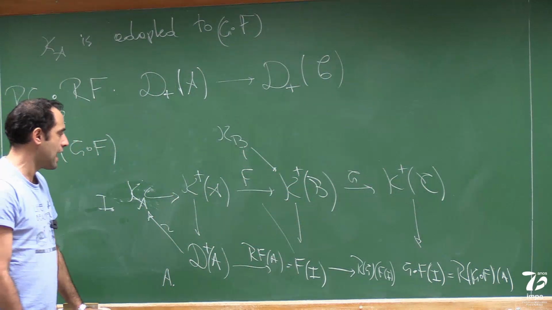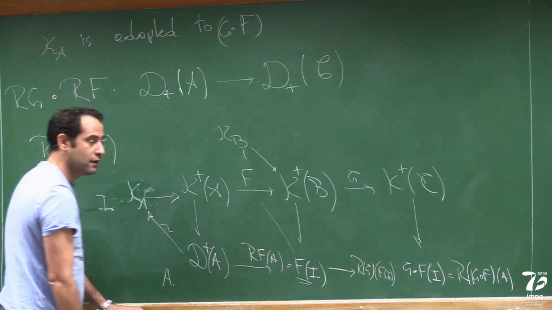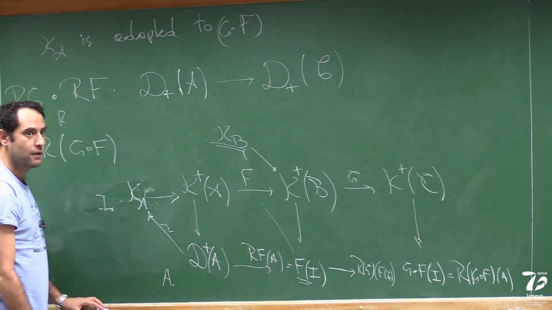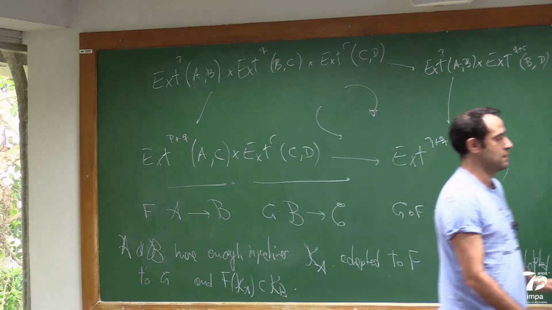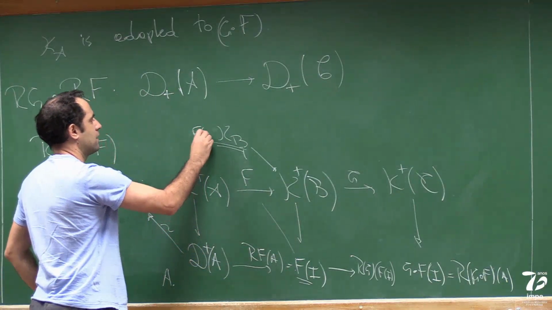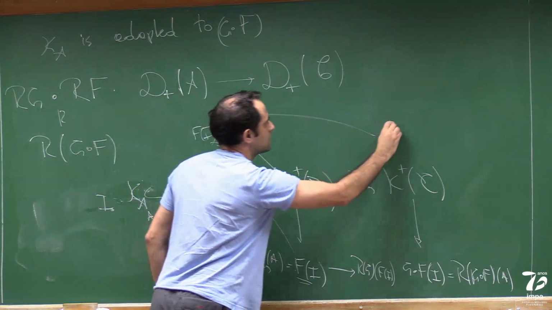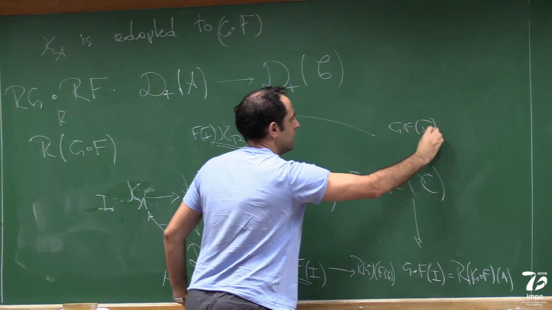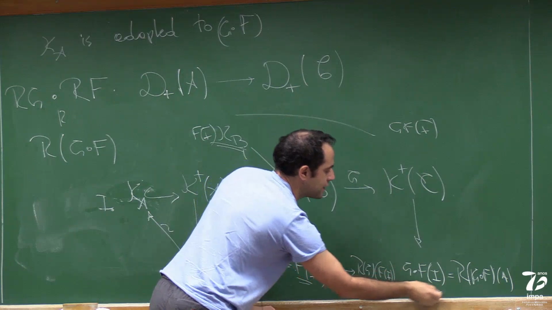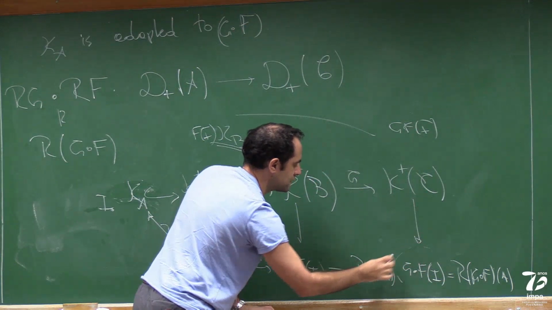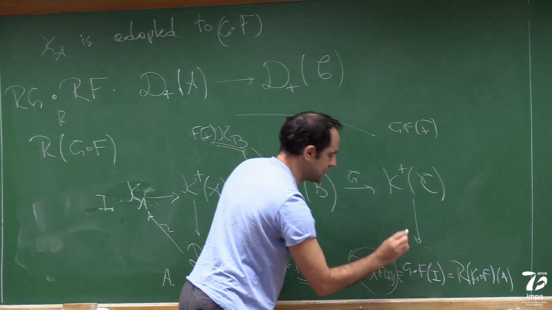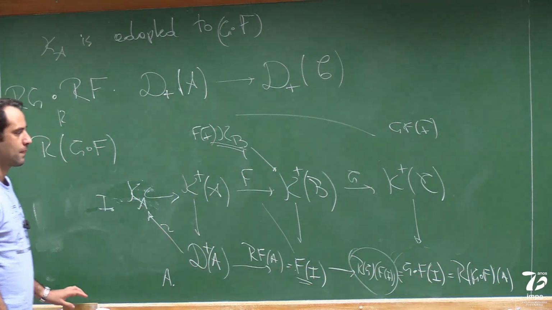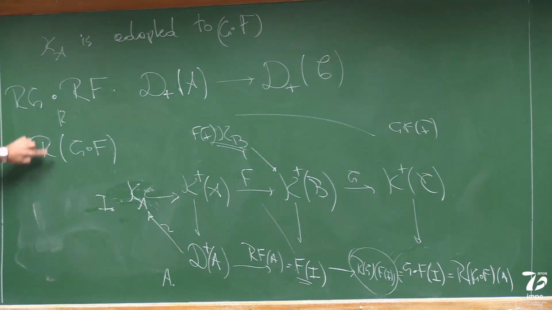But on the other hand, I already know that F of I is itself in here. That was this condition, that F of KA is inside of KB. So I can take this F of I itself, map it to G of F of I, and I just computed this. And I've gotten the same answer as that. So that's this isomorphism between these two.